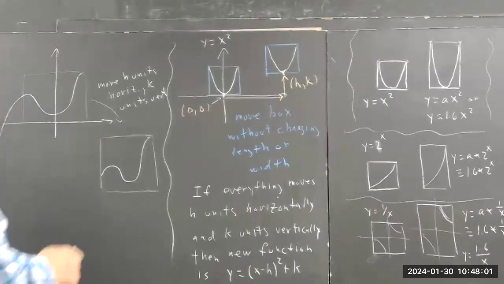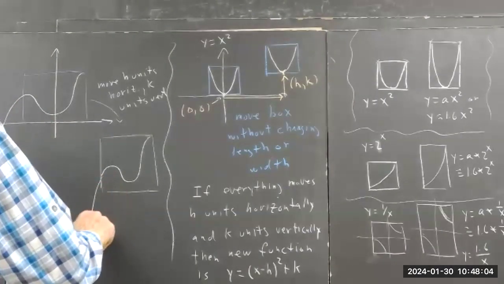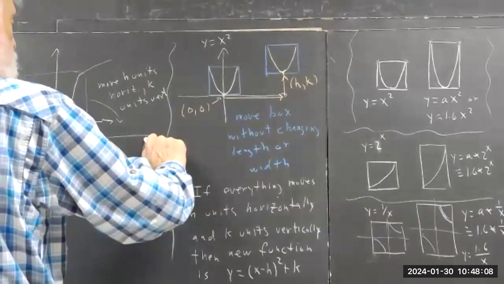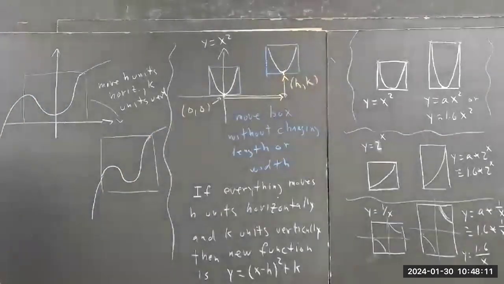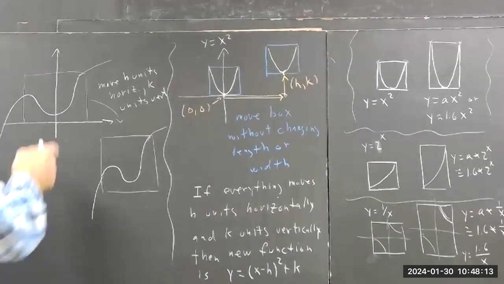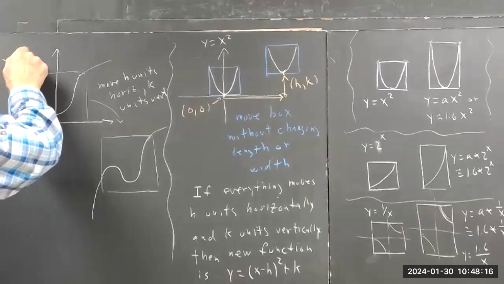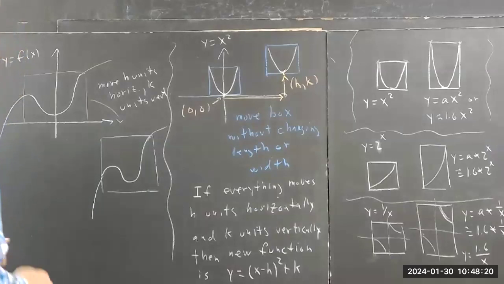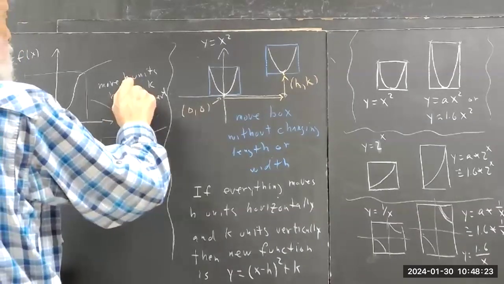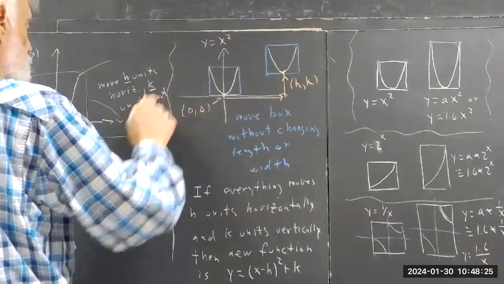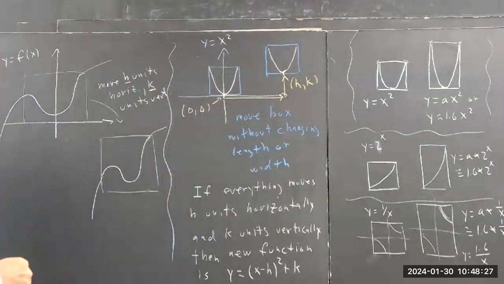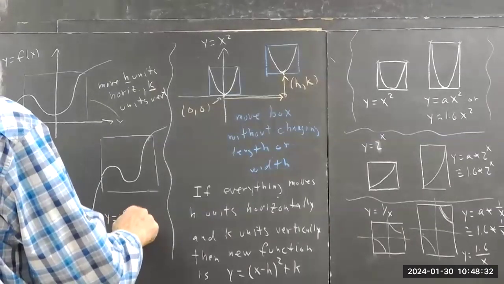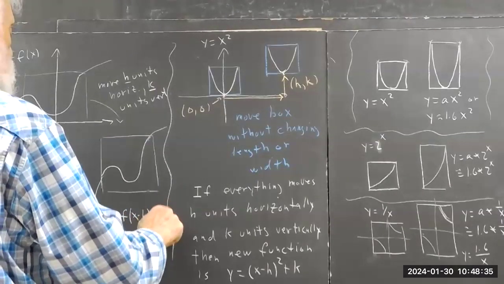Okay. And then we can draw whatever's outside the box too, if we know something. And so if it goes on outside of the box here, maybe it comes out of the box like this. If this is y equals f of x, now if we move h units horizontally and k units vertically, this graph is y equals f of x minus h plus k.